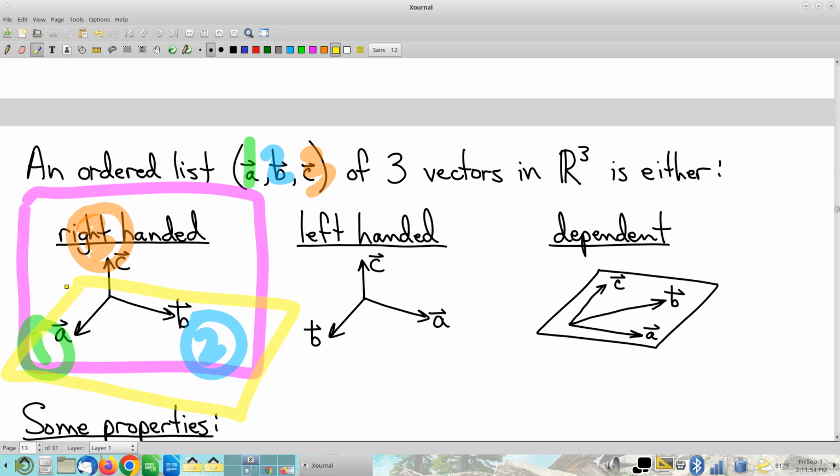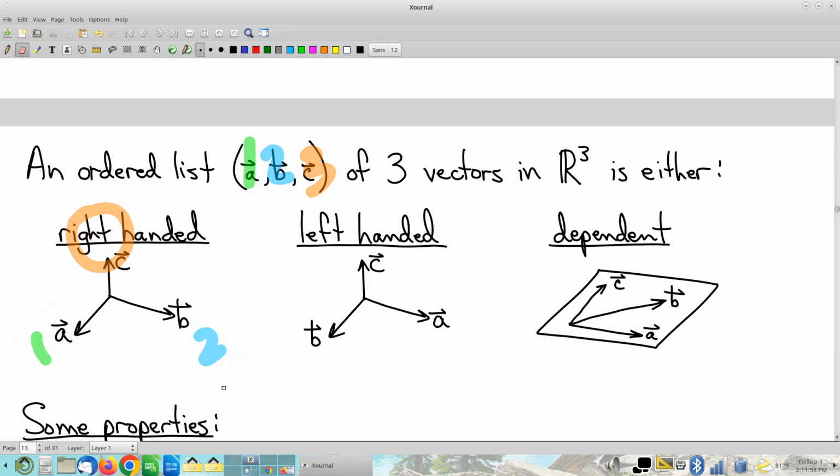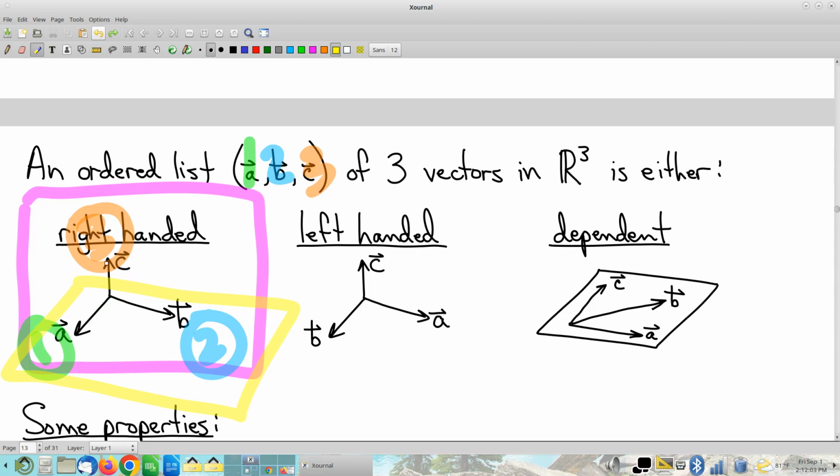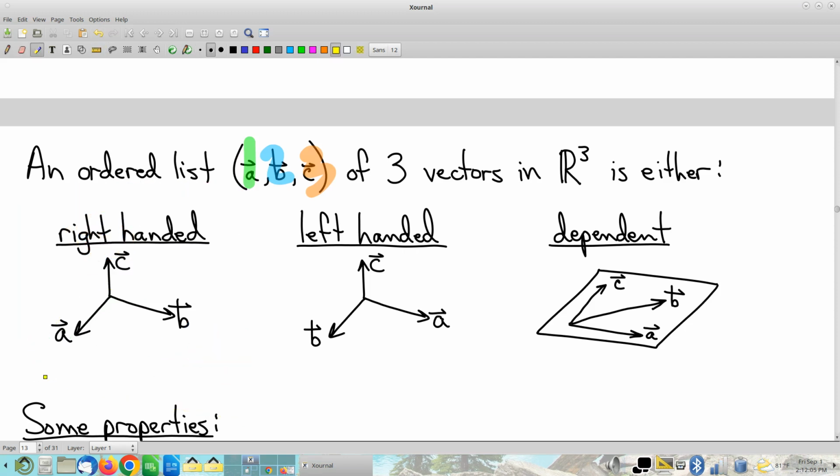Now again, there's nothing magic about those arrows that I drew here. I could conceivably ask about the same list of vectors, A first, B second, C third. What if this was A, and this, whoa, that was the worst two I've ever made, is B, and this is C. Let's play the game and see if this is a right-handed list.